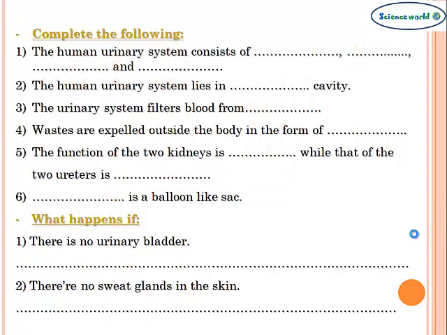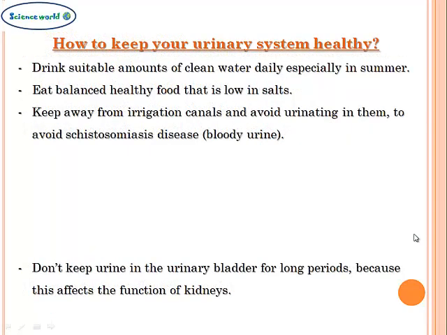Okay, now how to keep your urinary system healthy. 1. Drink suitable amounts of clear water, especially in summer. 2. Eat balanced healthy food that is low in salts. 3.